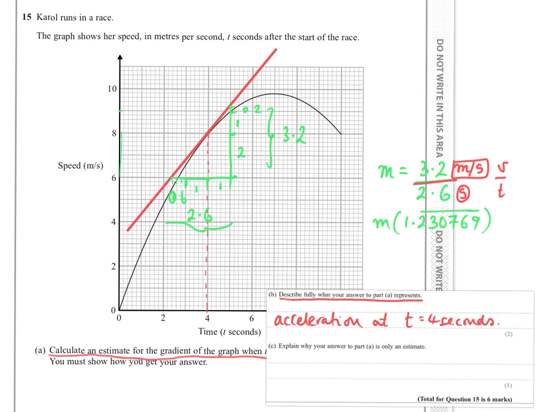The last part of the question says explain why your answer to part A is only an estimate. Well, I think I alluded to that at the very beginning. It depends how accurate your tangent is.